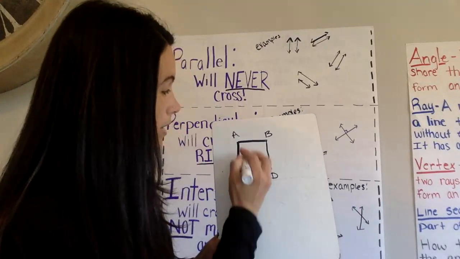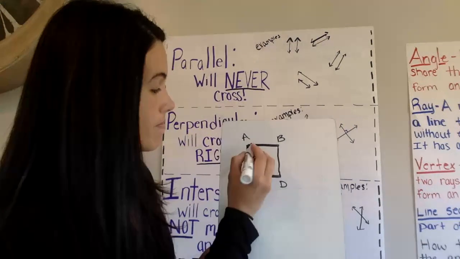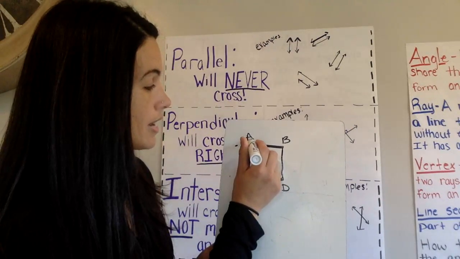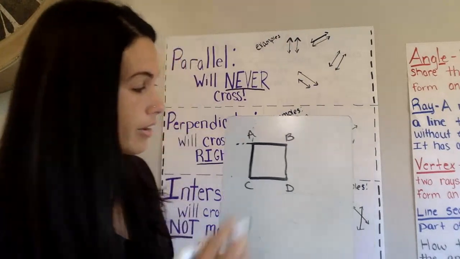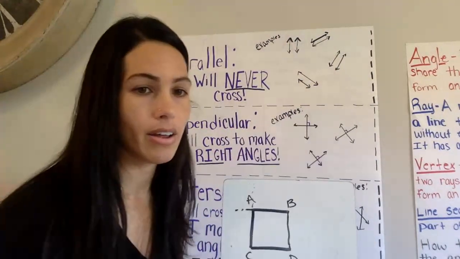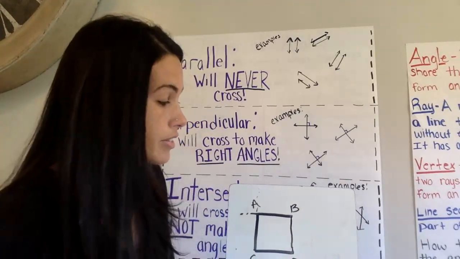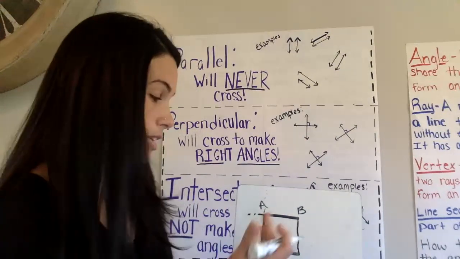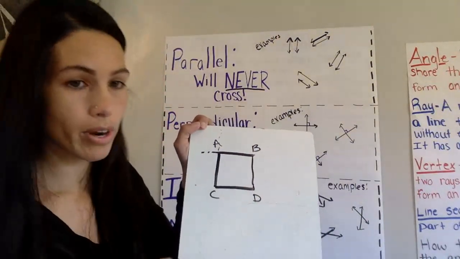That is also a perpendicular line because they meet right there. And if I was to continue on with this line, it would be perpendicular. So there's 4 perpendicular lines in a square. So if they were to ask you a question, how many perpendicular lines are in this shape, you would say 4. 1, 2, 3, 4. Okay?